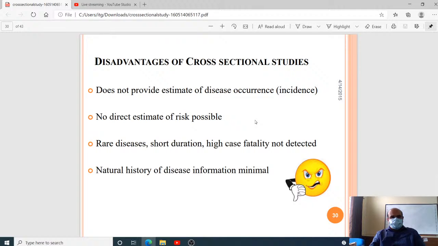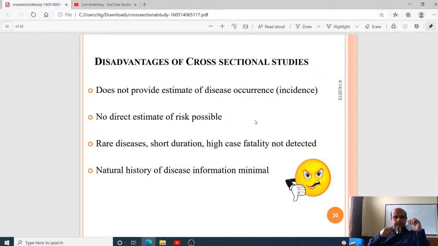Now, coming to the disadvantages of cross-sectional studies: it does not provide an estimate of disease occurrence, that is incidence. There is no direct estimate of risk possible with a cross-sectional study.